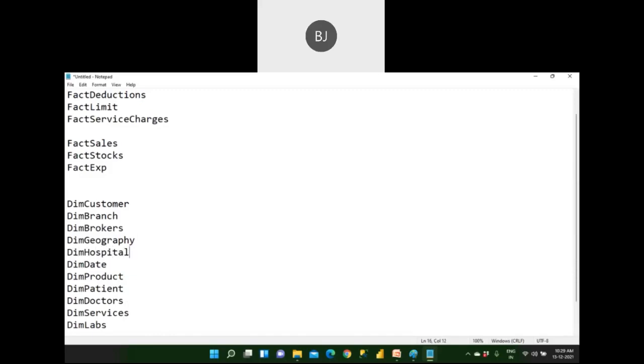Dim hospital will have a lot of branches, like Apollo Hospital, Apollo Hyderabad, Apollo Bangalore, different branches from which the claim has come. Which customer, let us say Bhaskar Jogi applied a claim from Apollo Hyderabad branch, so the claim amount will be the fact amount. Clear?